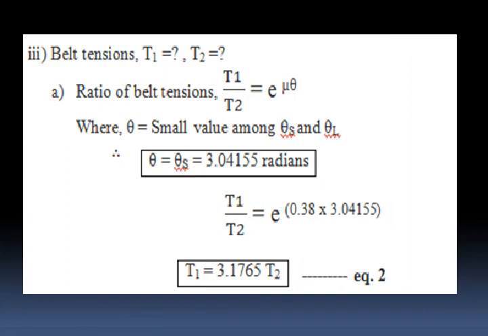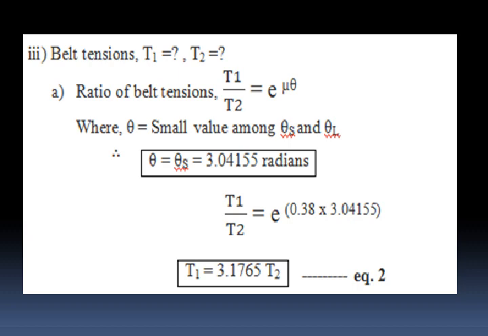Next unknown is the belt tensions, that is T1 and T2, the tension at the tight side and slack side. So now by using the primary or fundamental equation of the ratio of belt tensions, T1 by T2 is equal to e raised to mu theta. Here we must consider the smaller value of the angle of wrap, theta S or theta L, that we have obtained.